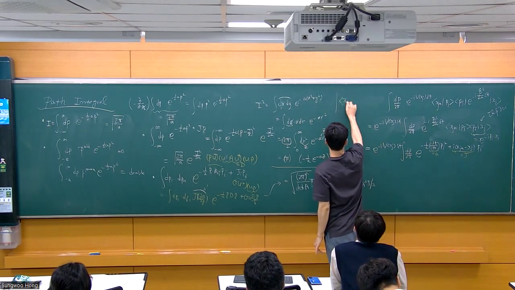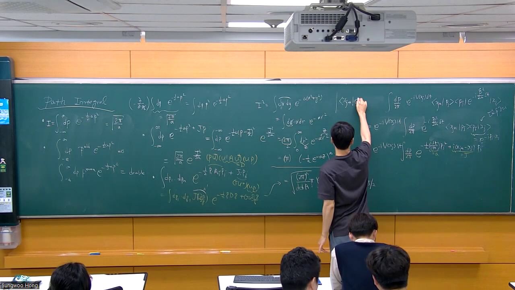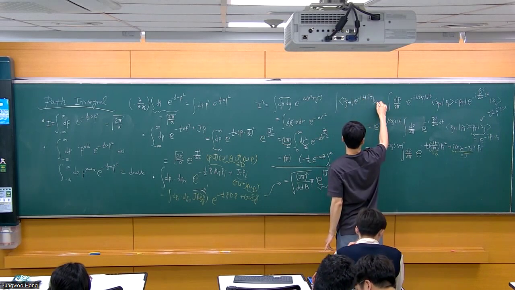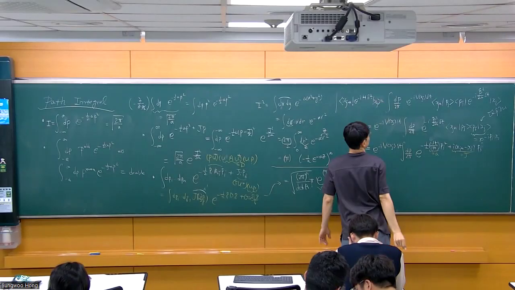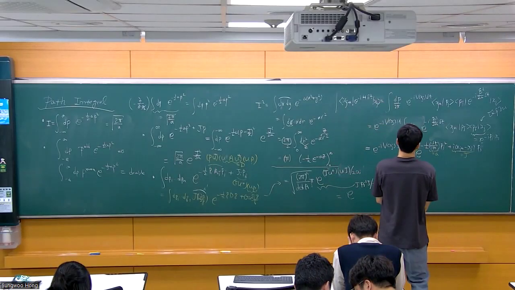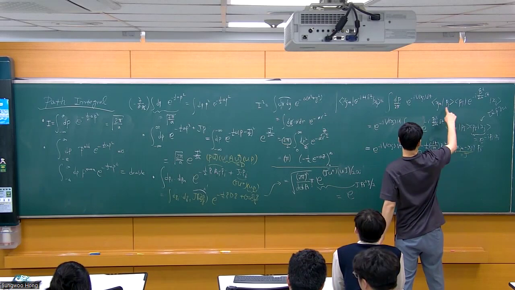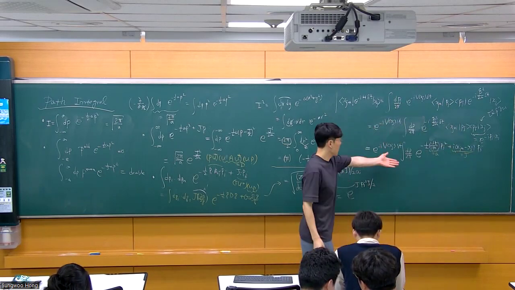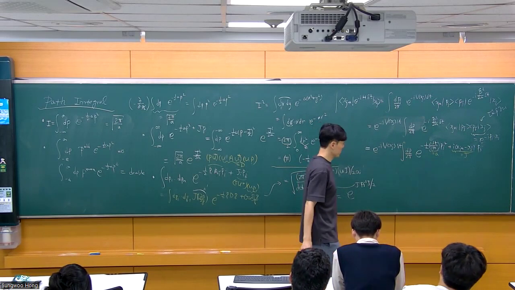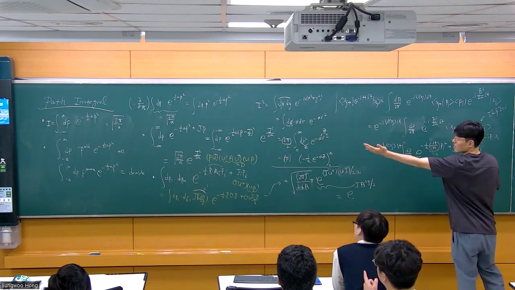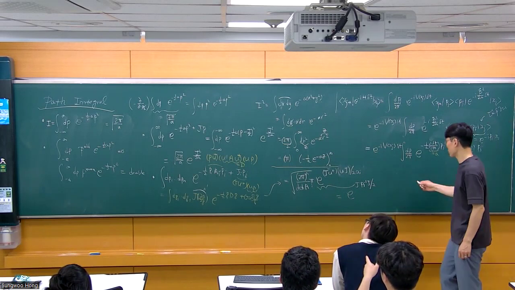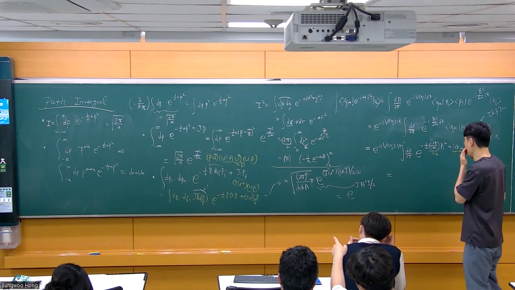I wanted to compute this factor, e to the minus i H Δt, with Hamiltonian H. To do so, we inserted the complete set of momentum eigenstates, and then we need to finish this computation. After this discussion about the Gaussian integral, this is literally just a simple Gaussian integral. So let's do it.